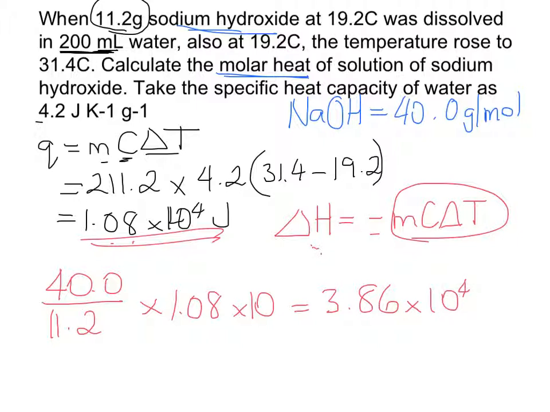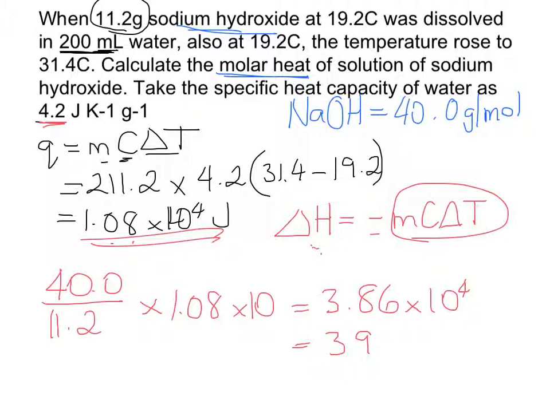If we move our decimal point around, that's going to give us 39, and I'm going to round there. They've given us our heat capacity in two significant figures, so I'll give the answer in 2 significant figures. Again, if you want to keep it to 3 or more, that's fine.